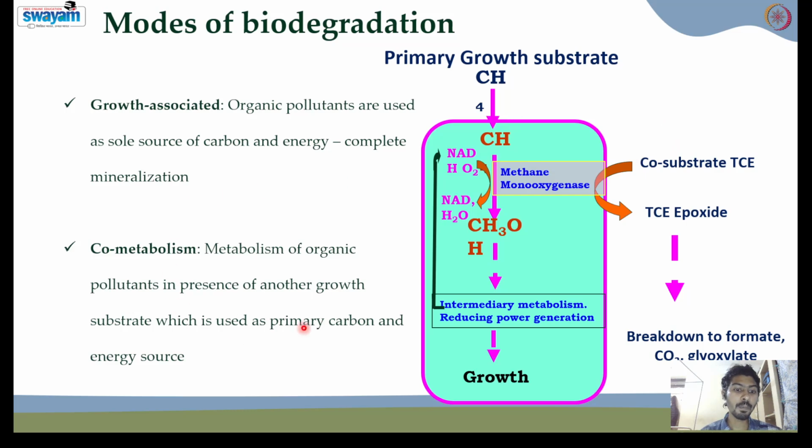So this is the co-metabolism strategy, the metabolism of an organic pollutant in the presence of another growth substrate. Here the other growth substrate refers to CH4, which is primarily used as a carbon and energy source. So these are the two clever strategies that microorganisms use to deal with stubborn organic pollutants.